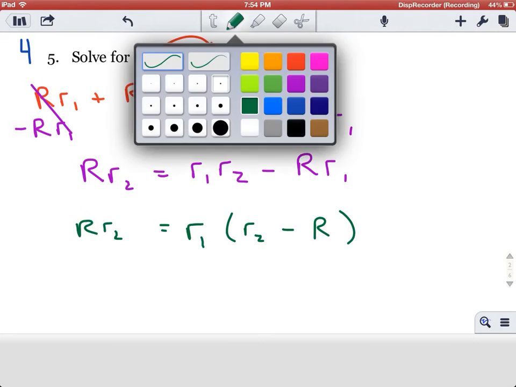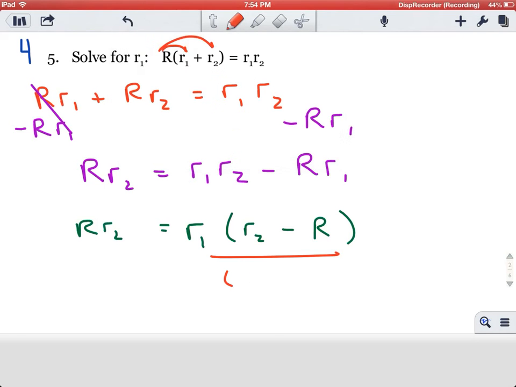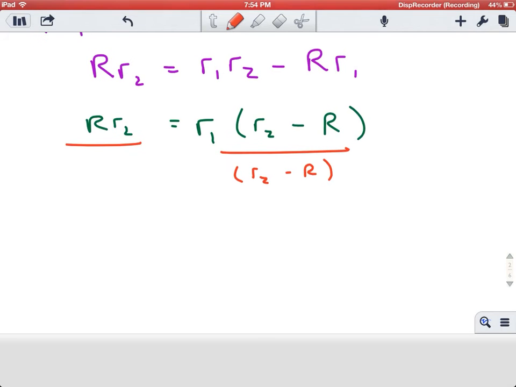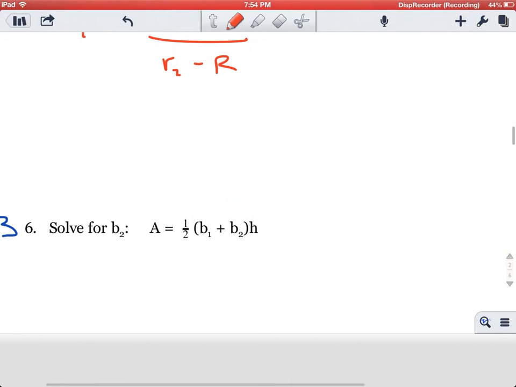And finally, we can divide. So therefore, r sub 1 equals r sub 2 divided by r sub 2 minus r.